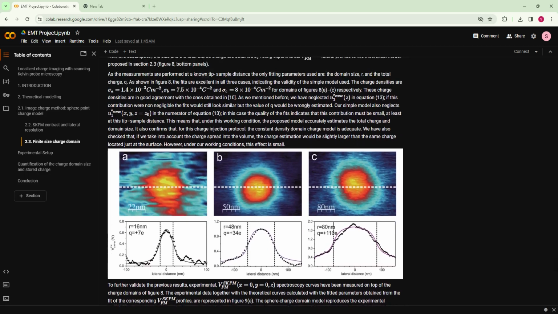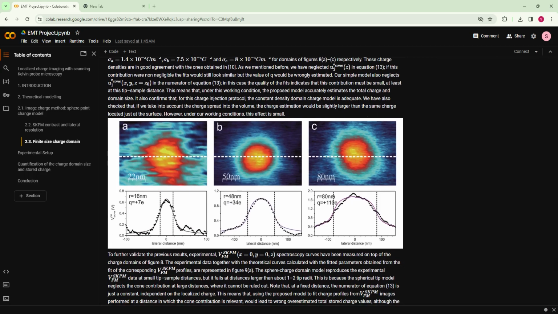The quality of the fits indicates that this contribution must be small, at least at this tip-sample distance. It means that under this working condition, the proposed model accurately estimates the total charge and domain size. It also confirms that for this charge injection protocol, the constant density domain charge model is adequate.